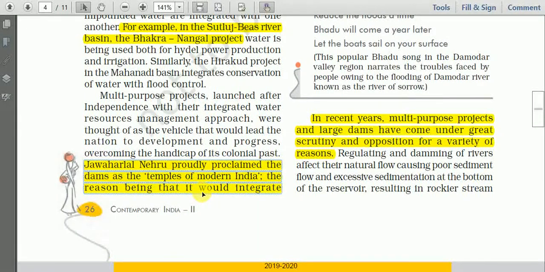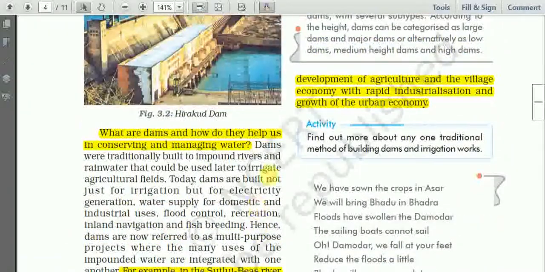The reason being that it would integrate development of agriculture and the village economy with rapid industrialization and the growth of urban economy. So dams are known as temples of modern India because dams integrate the rural economy with the urban economy.